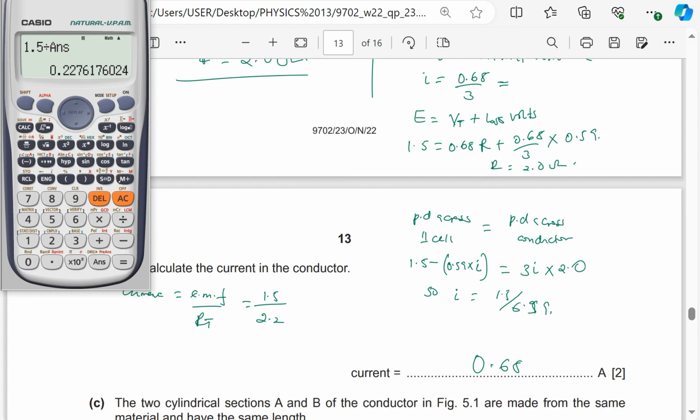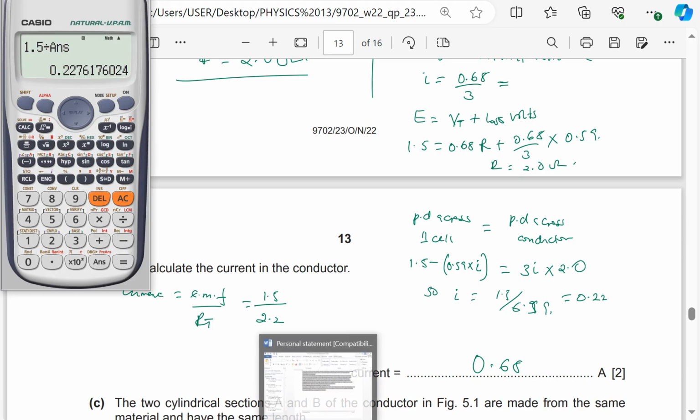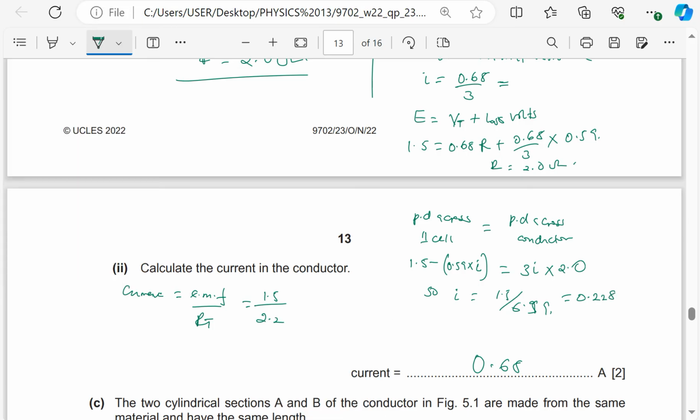So the small current is going to be 0.228 amperes. That is the small current in the cell. So remember, the current through the conductor is 3 times. So current in the conductor is going to be 3 times 0.228, which gives us that answer there.